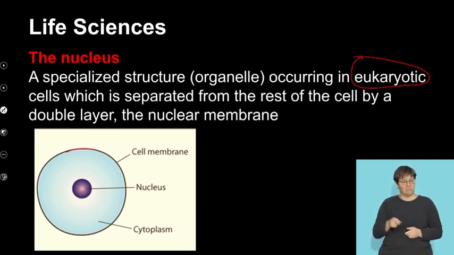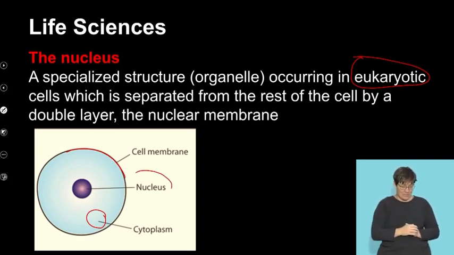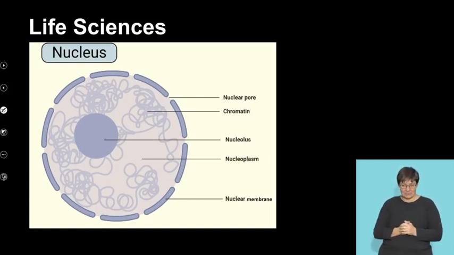So we've looked at what a cell membrane is, separating the outside and the inside. We have this jelly-like gel keeping everything in space, some hanging around, some dissolved. Now we have this concept of what a nucleus is.